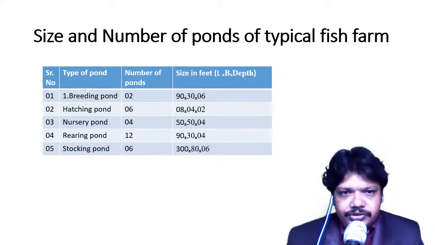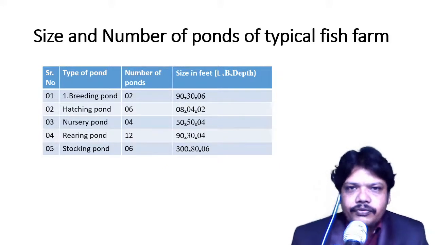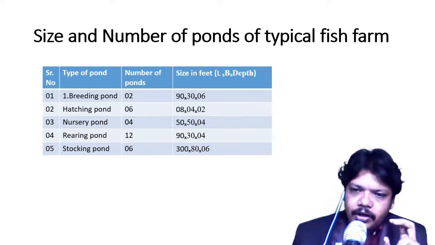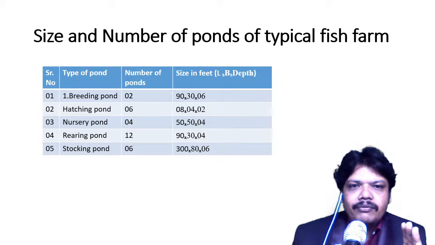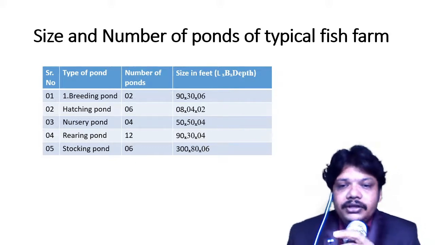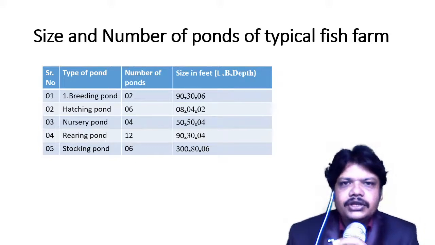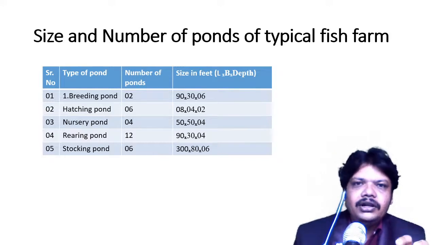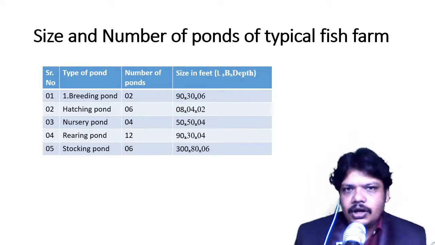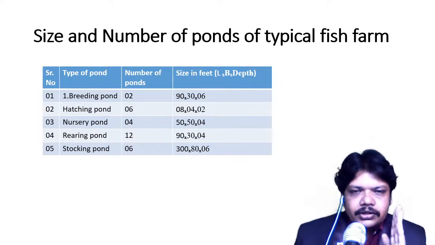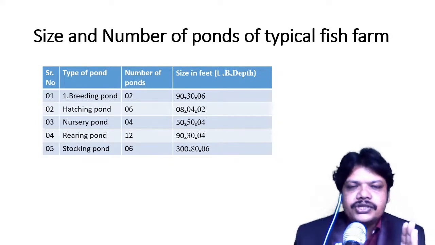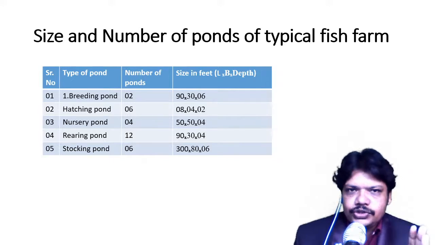For safety from the enemies. Even if brooders are in the nursery pond, they are also harmful to our seed. Some carnivorous fishes kept there in the nursery pond will eat our seed within days, no doubt. That's why these ponds are divided according to seed size.